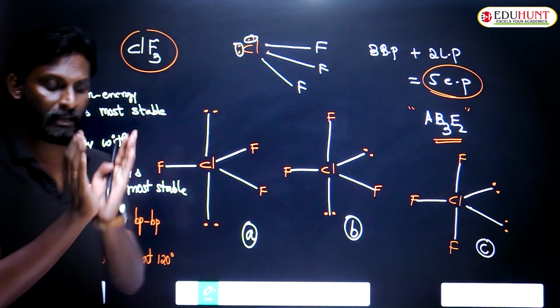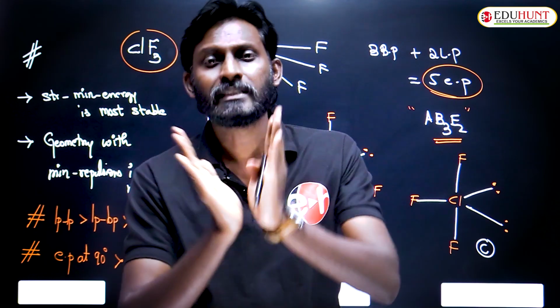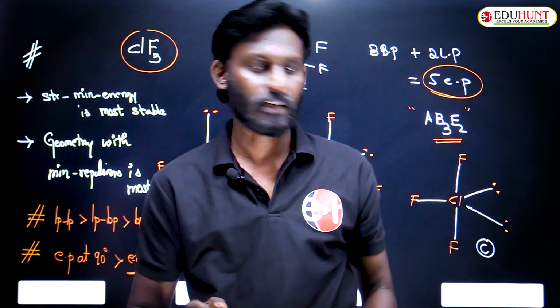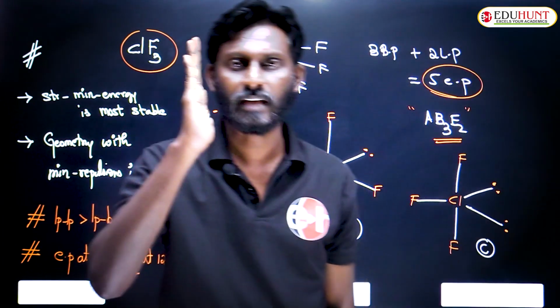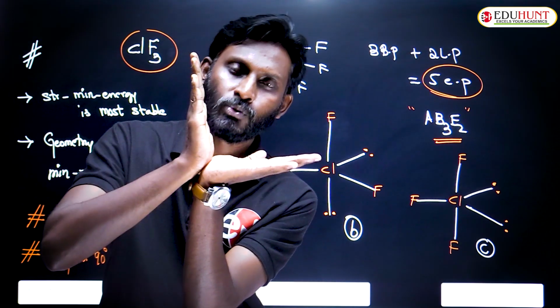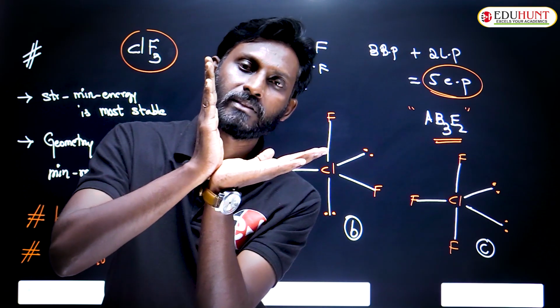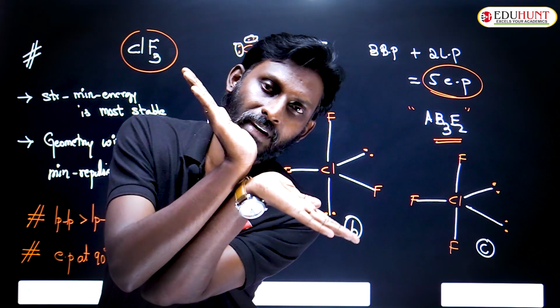What happens when the electron pairs are at 90 and what happens when they are at 120? See, consider this as a bond pair, and this is also a bond pair. Now, two bond pairs are at 90 degrees. They have their own repulsion. Now, increase the bond angle to 120.